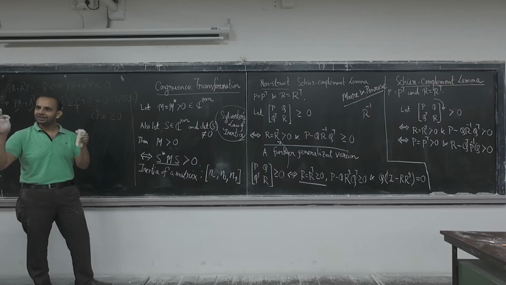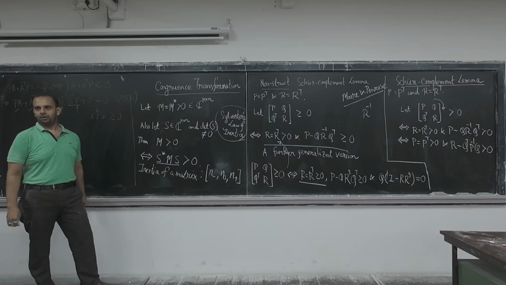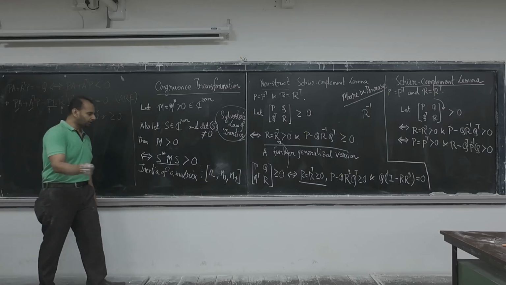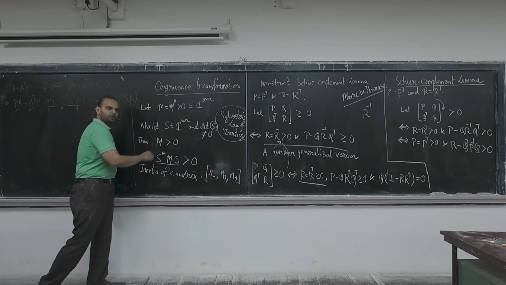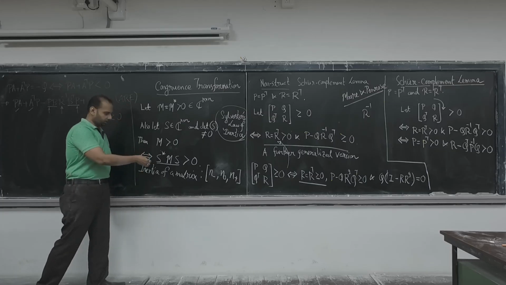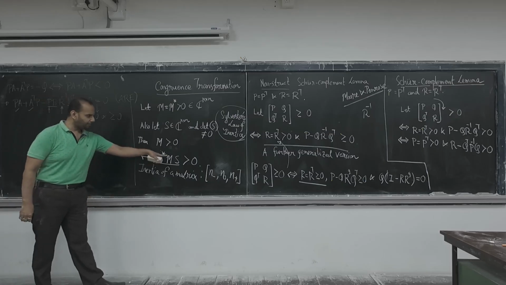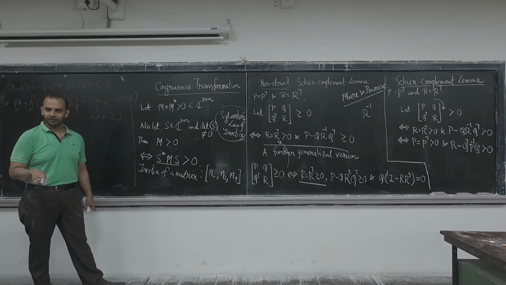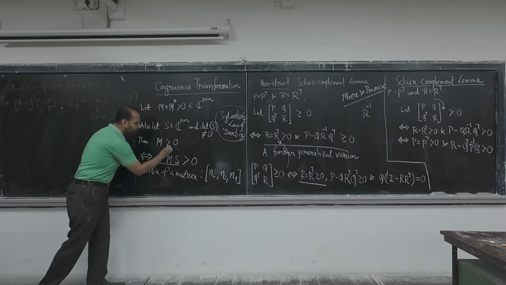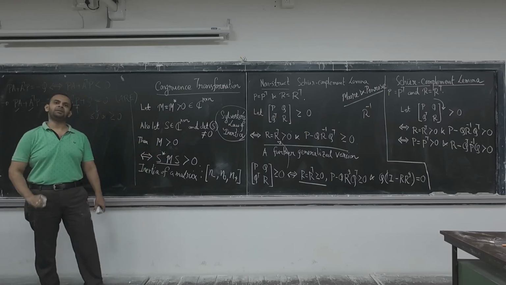So that is actually the general statement, not only about definiteness. Once again, what did I write? If M is positive definite, A star M A will also be positive definite. But it is not only about maintaining the definiteness, the signature will also be maintained.